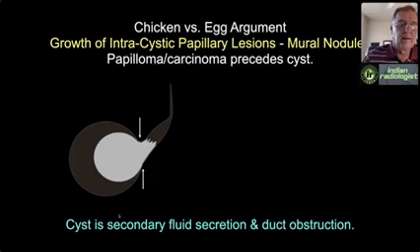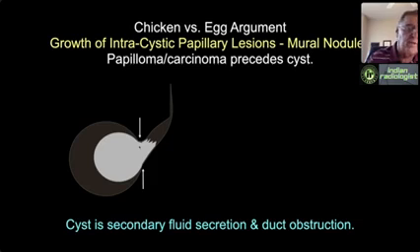And I think in most cases, whatever's causing the irregular wall thickening or mural nodule came first, and then by a combination of secreting fluid and obstructing the duct, secondarily created the cyst. That means that the answer as to whether this is apocrine metaplasia causing this complex cystic and solid appearance, or whether it's a papilloma or carcinoma, lies at the point of attachment of the mural nodule or irregular wall thickening to the wall.